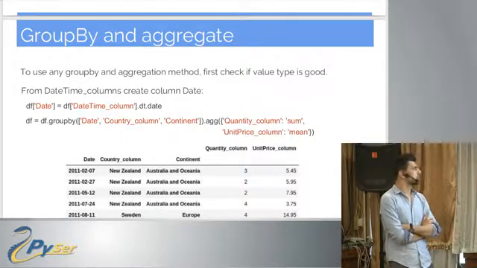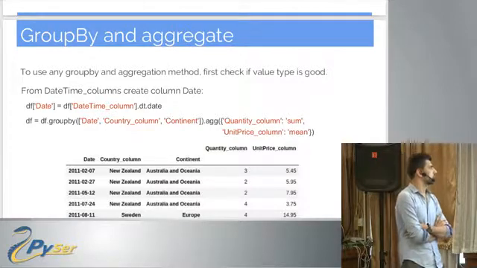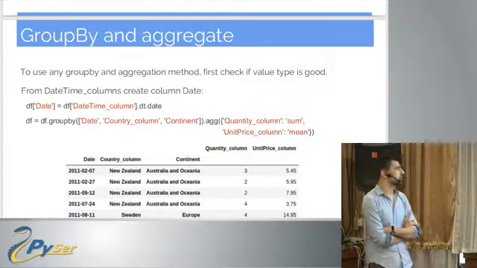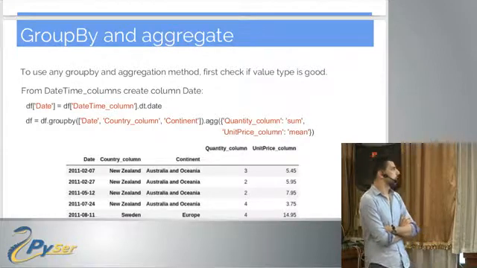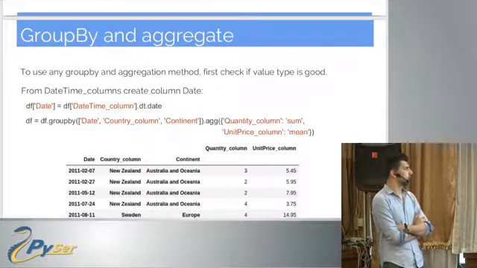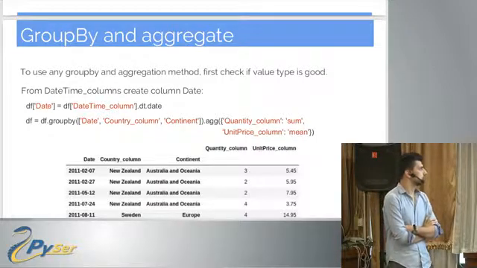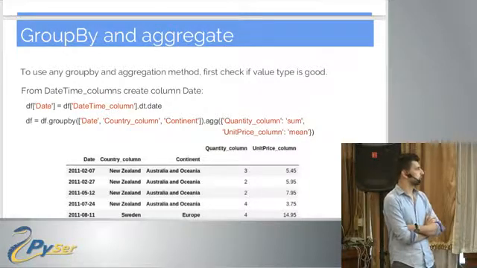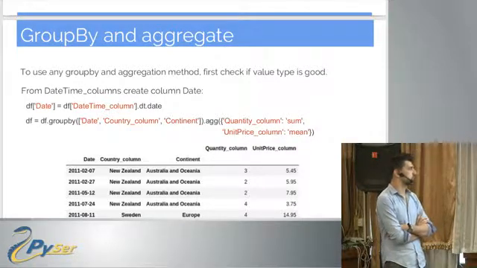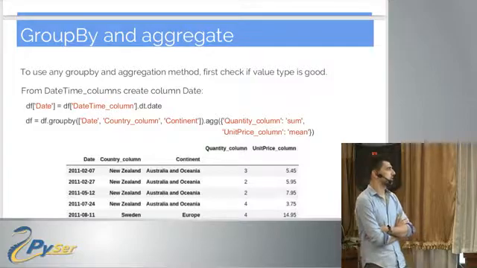Here is a sample of how I create a date column from datetime, and in the next code line I'm grouping by date, country, and continent, and using aggregation.